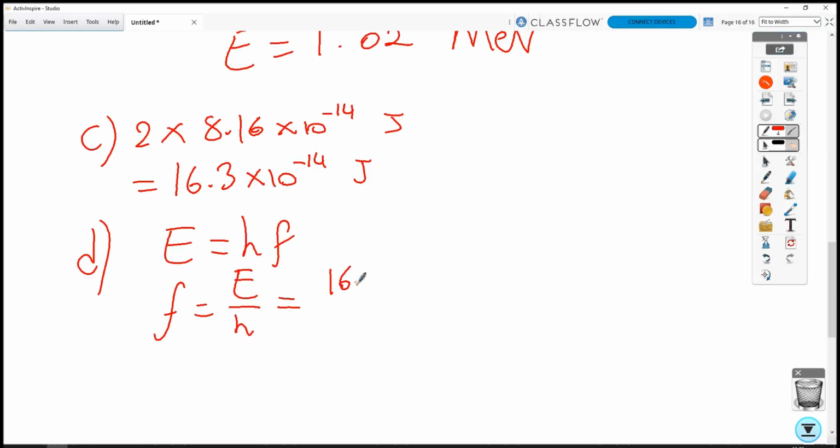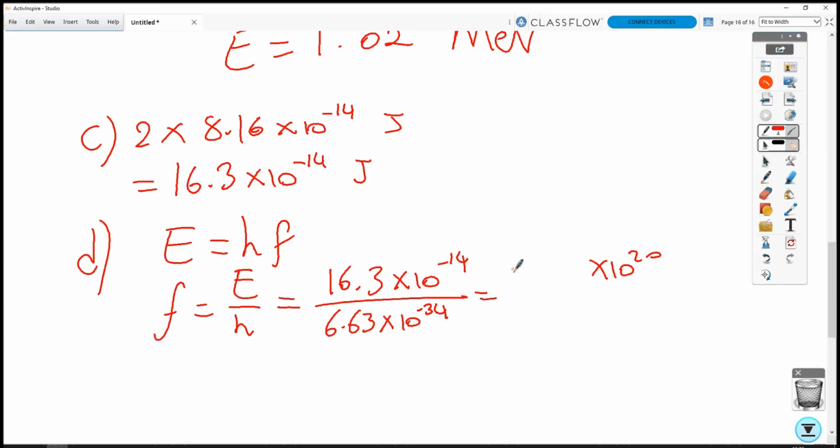We put 16.3 times 10 to the minus 14 all over 6.63 times 10 to the minus 34, and that equals 2.5 times 10 to the 20, and we put our units, hertz. And that's the end of 2.2.2.